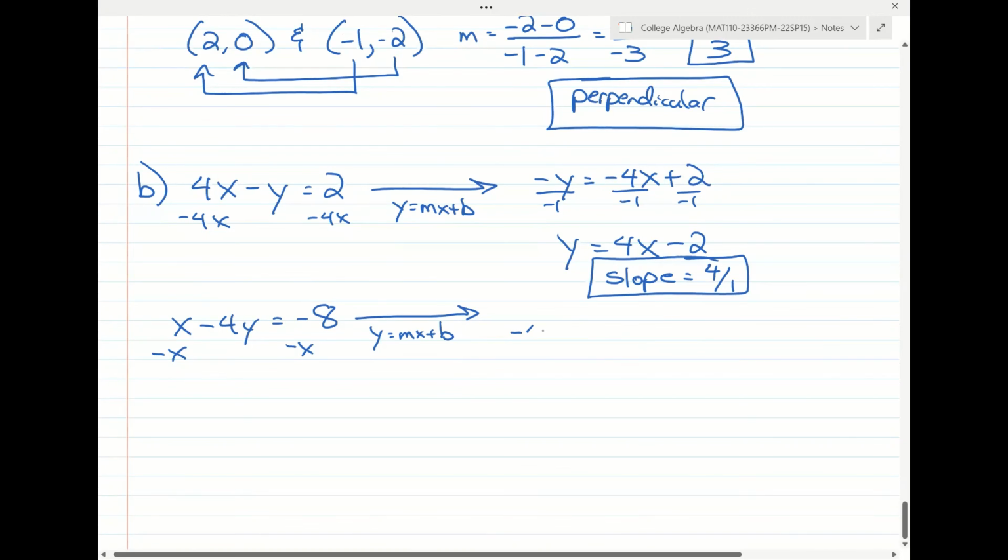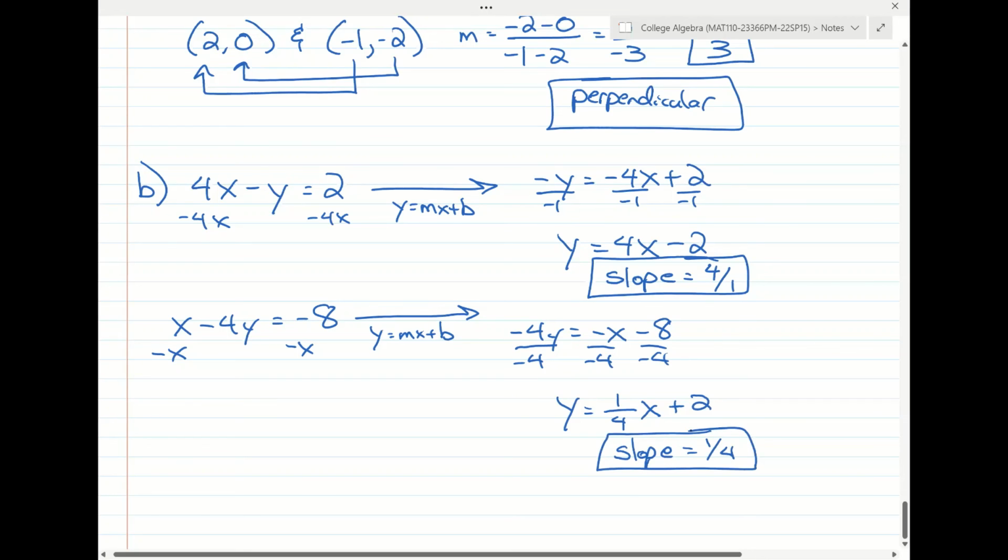So negative 4y is equal to negative x minus 8. Divided by negative 4 gives us y is equal to positive 1/4 x plus 2, where the slope is 1/4.